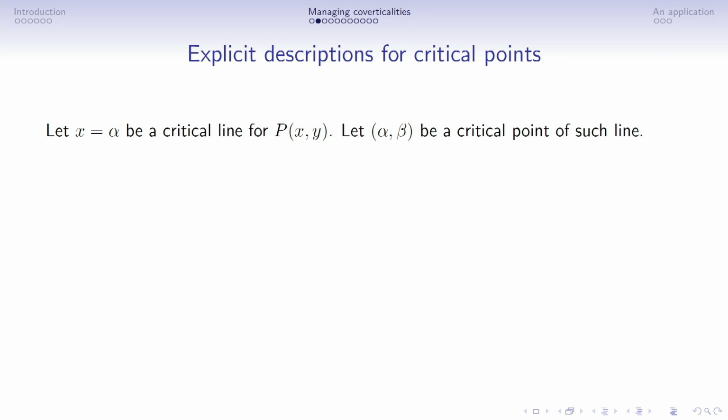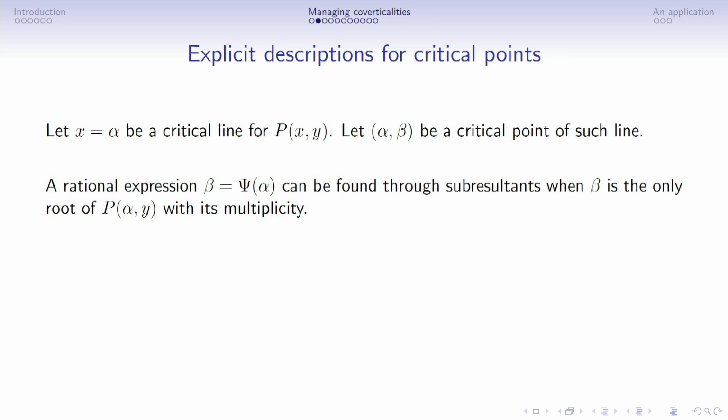So the first step is to say that for critical points, it's usually possible to find an explicit description in the sense of rational functions, or perhaps not rational functions, giving us the critical point in the critical line x equal to alpha. If we know the critical line x equal to alpha, we can find the number beta which completes the critical point with an explicit expression.